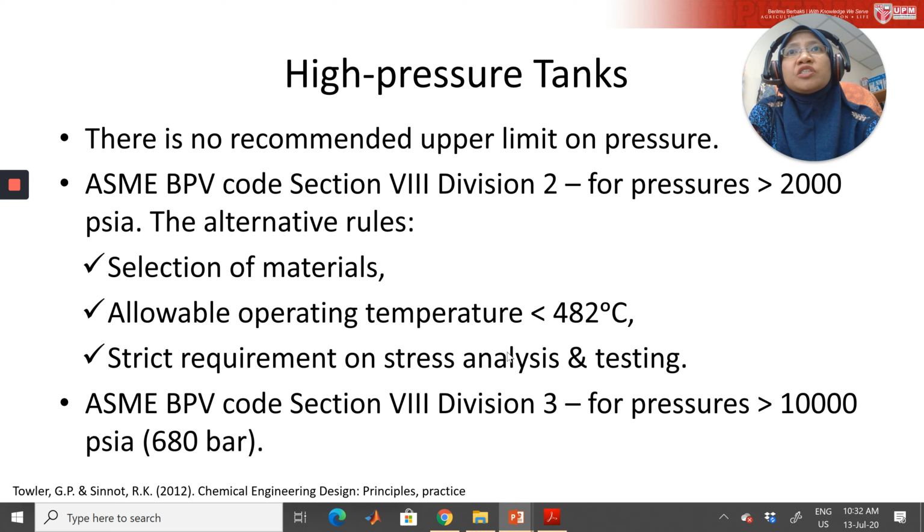So this Division 2 allows higher maximum allowable stresses and hence leads to thinner wall vessels.